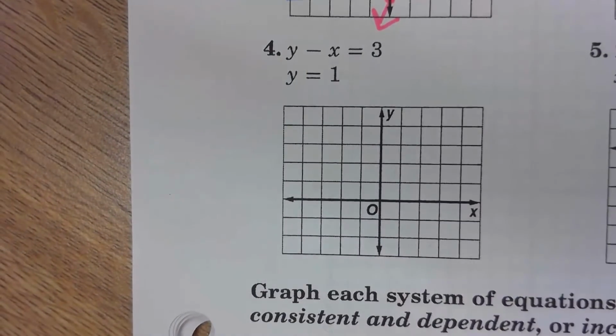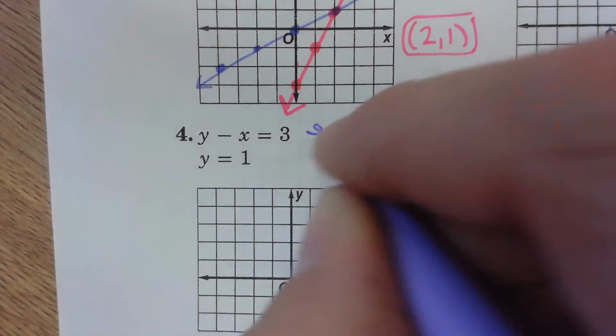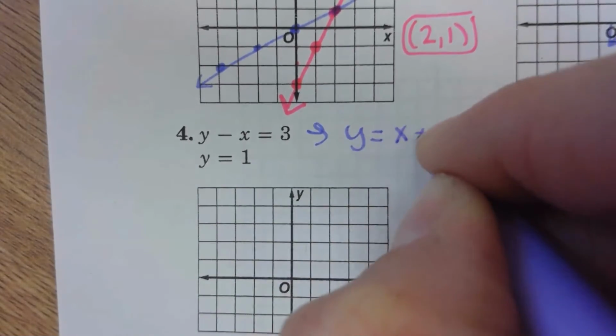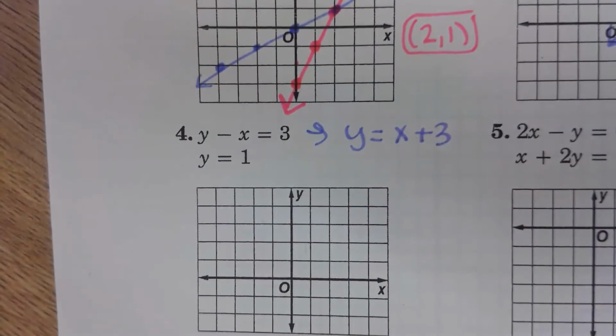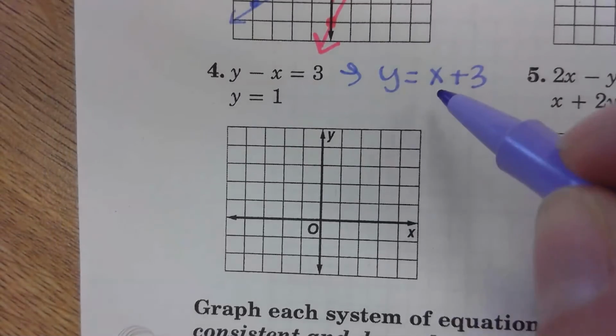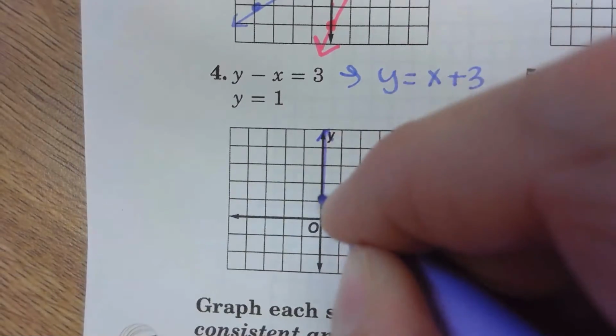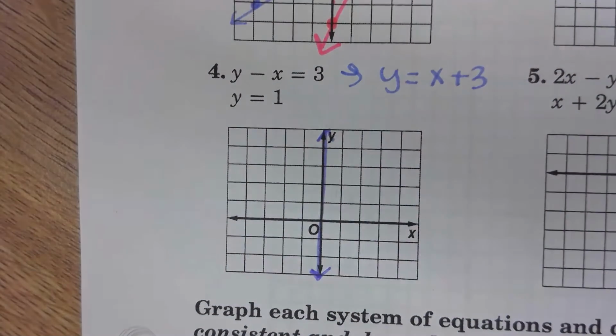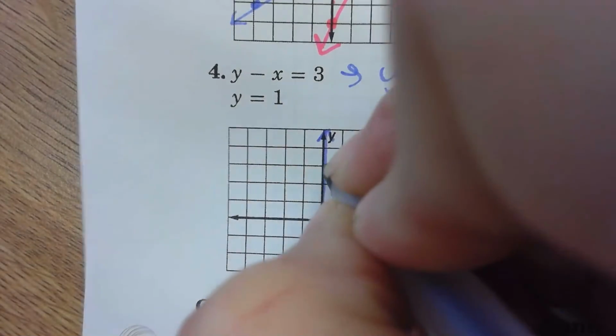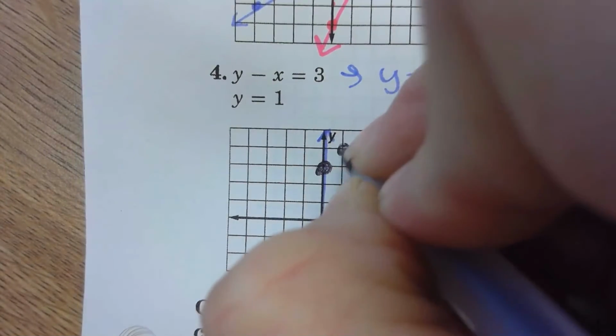In number 4, my starting points are nice. You have y equals x plus 3. So like you start when x equals 0, which is along this axis here, and you plot your y-intercept, which is positive 3, and then you apply your slope.